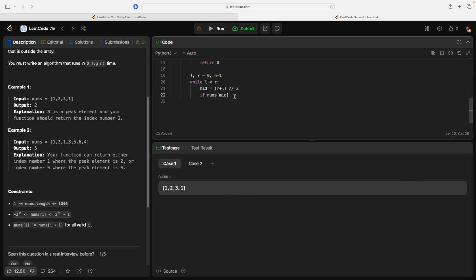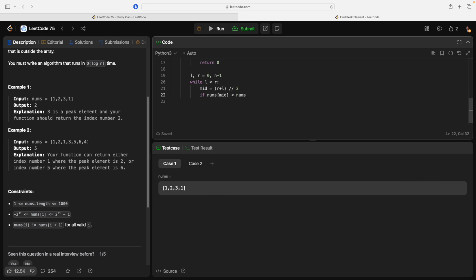okay. The midpoint would default to the lower side, so we'll check to see if nums mid is less than. Since it's floor division, there would probably be a neighbor to the right.